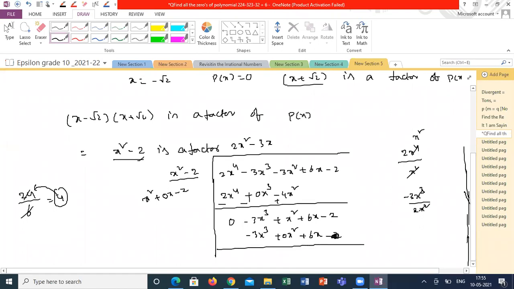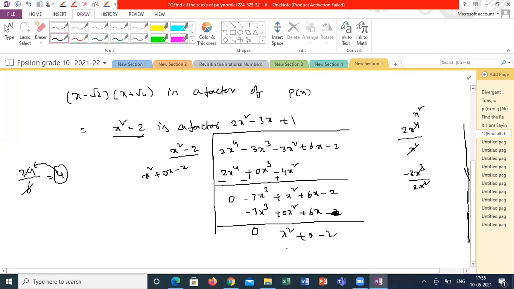This will be 0x square plus 0 minus 2 plus 1. This is x square minus 2, the subtraction is 0.